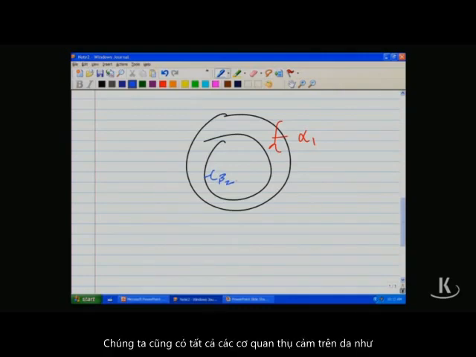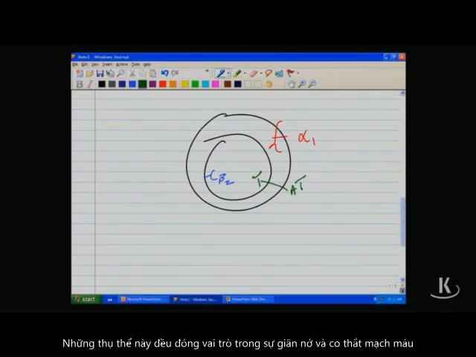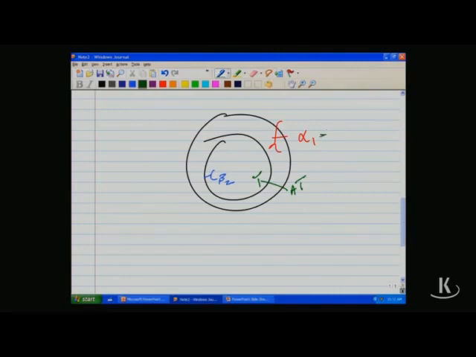We also have other receptors in the skin, such as angiotensin II receptors, AT receptors. These receptors all play a role in the dilation and the constriction of the blood vessels. Alpha-1 constricts. Angiotensin II receptors, they constrict.